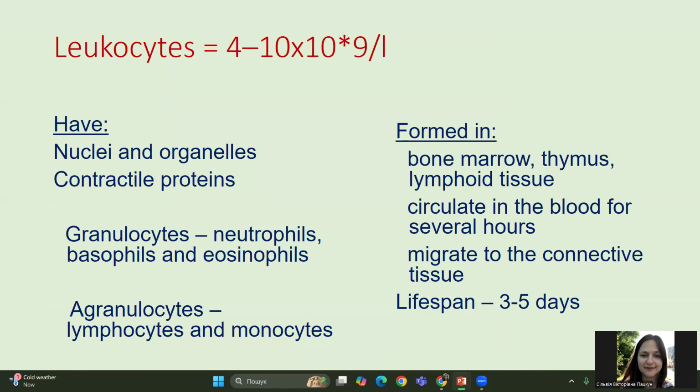Also, regarding the Rh blood grouping, it is very important to remember the case when there can be Rh conflict. It can occur during pregnancy if the mother is Rh negative, the father is Rh positive, and the child will be Rh positive.